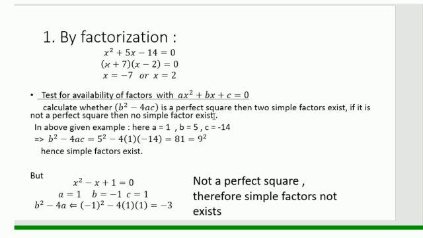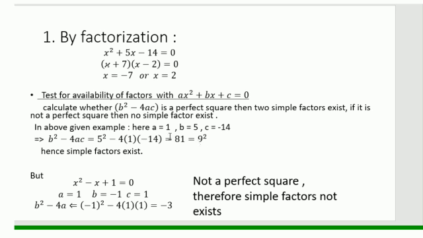So how do we check the above equation? Here a is equal to 1, b is equal to 5, c is equal to minus 14. Putting in the formula b square minus 4ac, we get 5 square minus 4 into 1 into minus 14, which gives 81, and 81 is a square number, you can write 9 square.